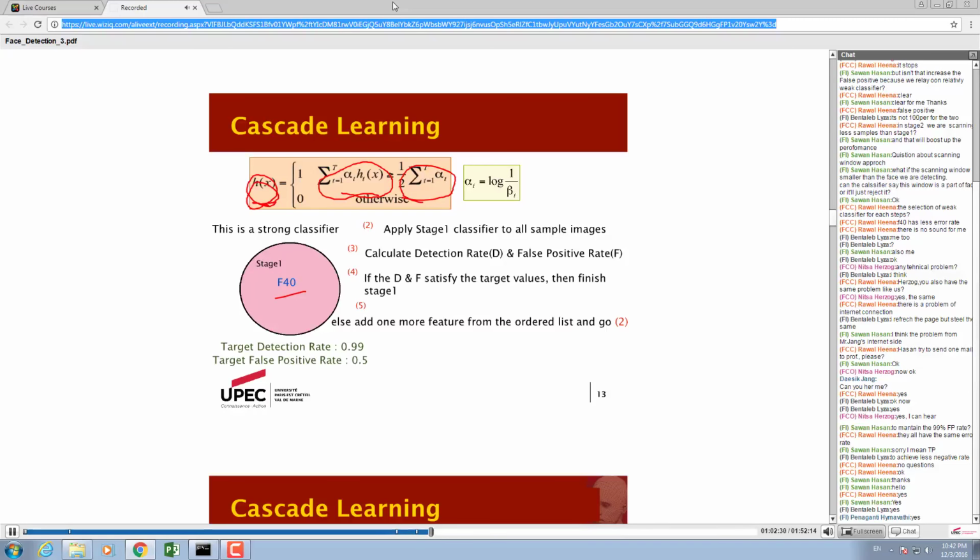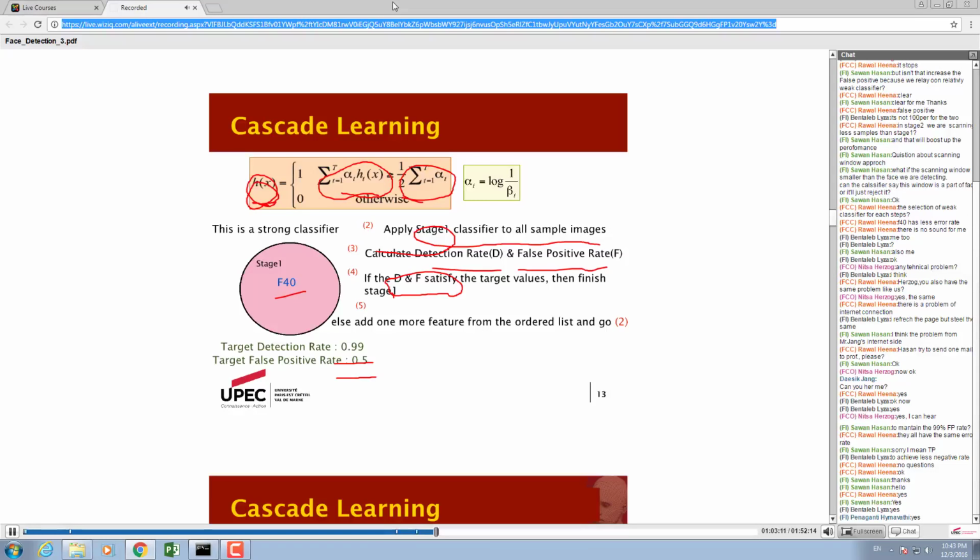It means we multiply alpha, the confidence value, to this weak classifier and try to make a classification decision. To determine if the current stage 1 with just one weak classifier F40 satisfies this 99% detection rate and 50% false positive rate, the first step, once it is constructed, is we apply the stage 1 classifier to all the samples.